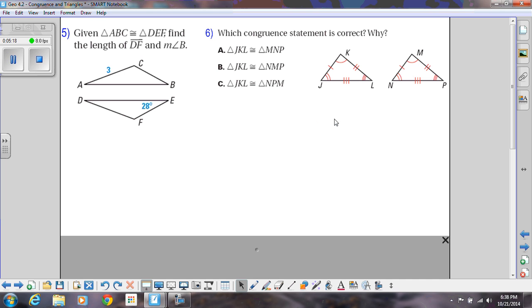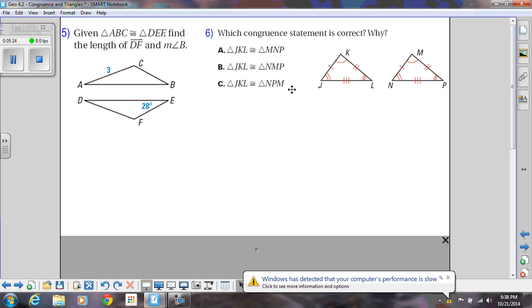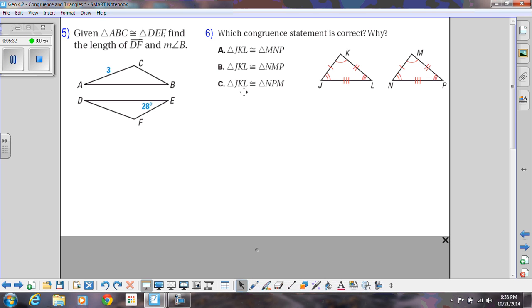So again, let's test you out, see if you know which statement is correct. So take some time and see if you can figure out which one of these, A, B, or C, is the correct triangle statement. So again, we have to decide. All of these go in the order of J, K, L. So I'm going from a double arc to a single arc to a triple arc. So I have to make sure that in this triangle I'm going in that same order.